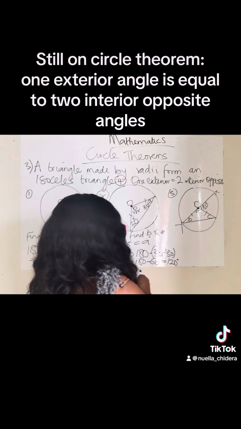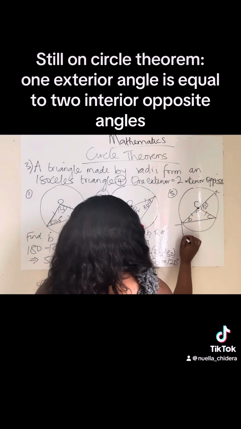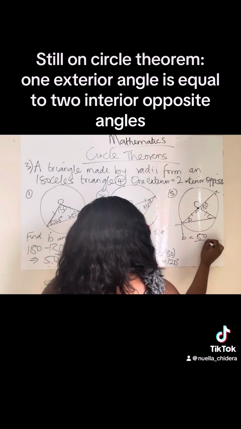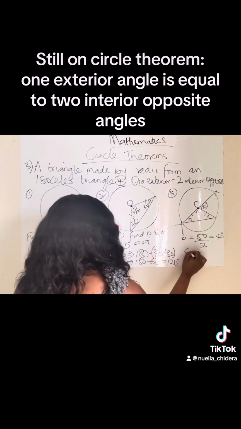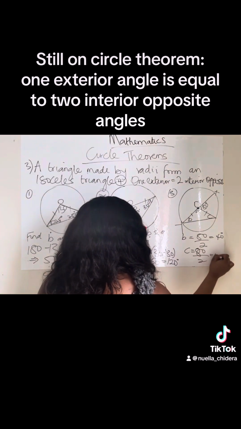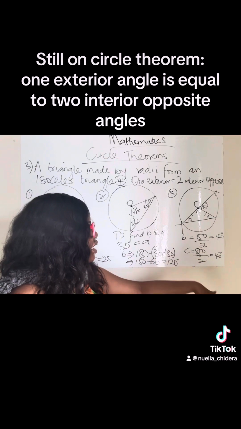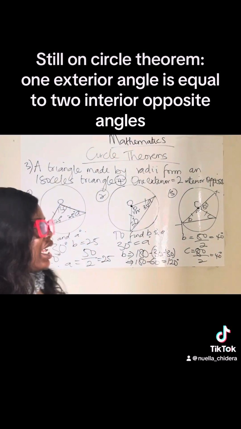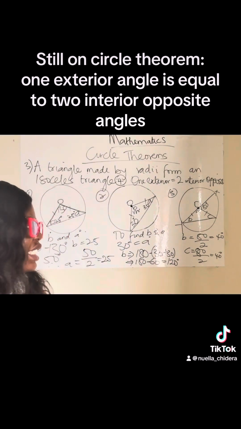So B will be equal to 80 divided by 2, which is 40 degrees. And C will also be 80 divided by 2, which is 40 degrees.